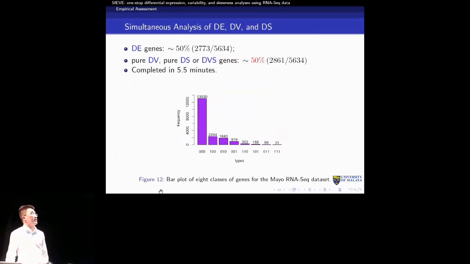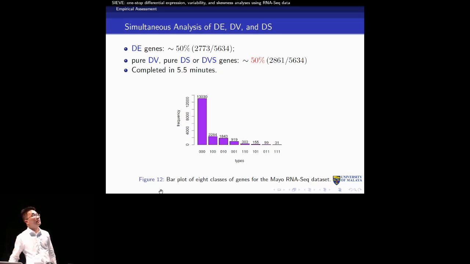Figure 12 gives the distribution of the 8 classes of genes returned by SIEVE. As expected, the majority of those genes are non-DE, non-DV, and non-DS. For the remaining, about 50% of genes can be detected by traditional DE test.